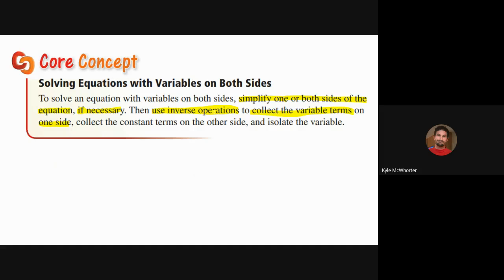Just like before, we simplify the left side if we could, simplify the right side if we could. And so the only new thing is, if we have x showing up on both sides of the equal sign, we use inverse operations to get the variables off of one side.